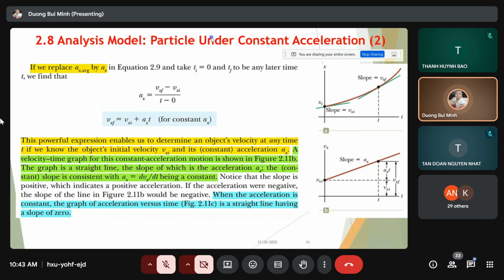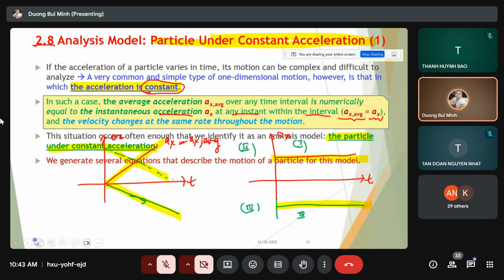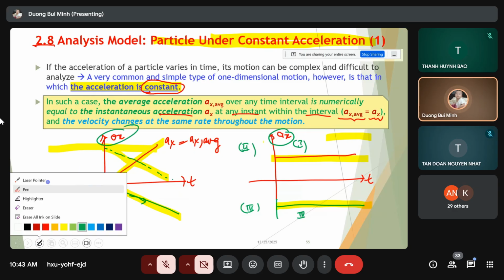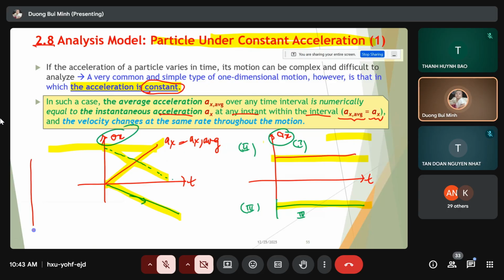So if we have the assumptions, look, Ax is constant and Vx is linear, and then x should be non-linear.